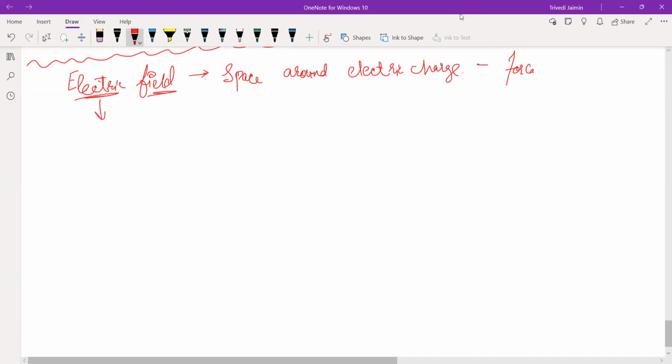We can just relate this with the gravitational force also. It's similar to gravitational force. If you remember what gravitational force is, tell me the formula.